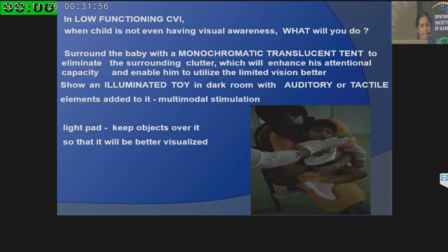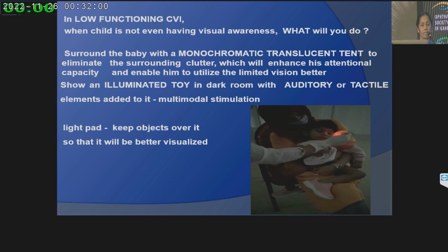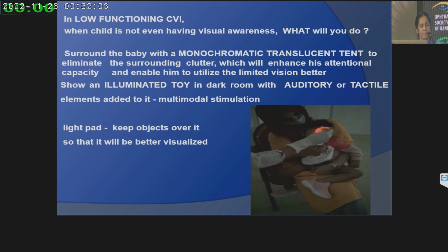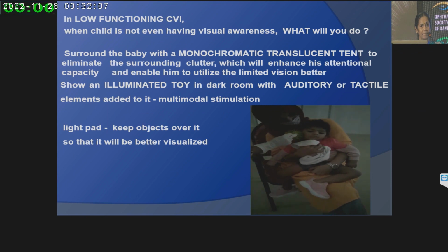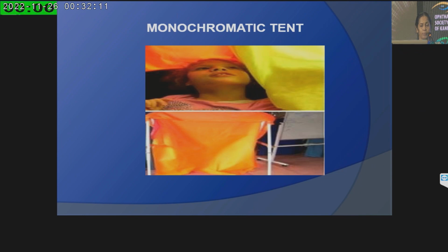In such a tent, you show an illuminated toy in a dark room with auditory or tactile elements added to it. You can show an illuminated ball with some tactile element and auditory element attached to it.